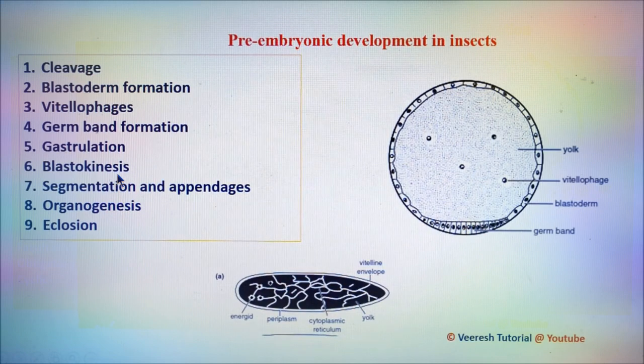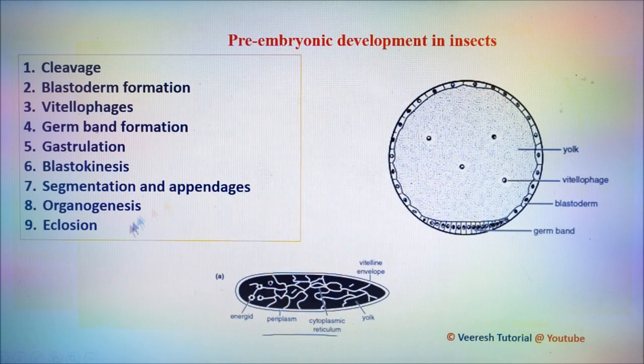And the sixth one is blastokinesis. So once the germ band is formed, it develops into the embryo, and this embryo begins to move within the yolk. This phenomenon is called blastokinesis. And later the segmentation and appendage formation take place.